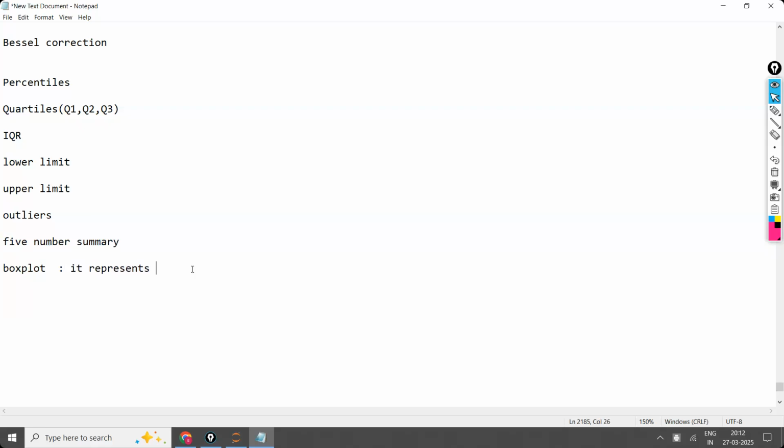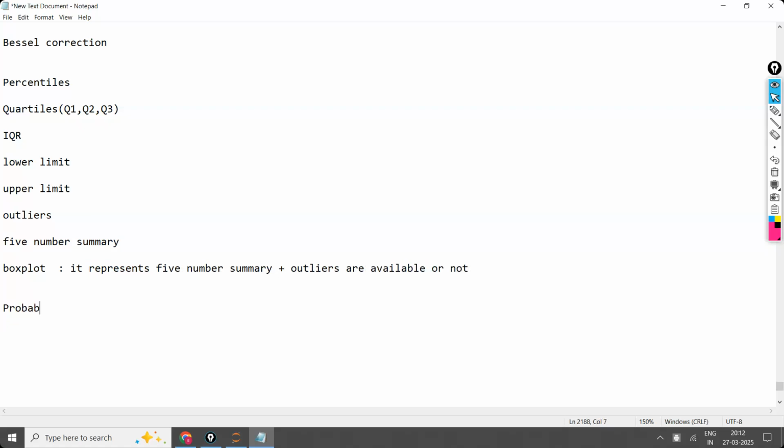It also tells whether outliers are available or not by showing the dots.